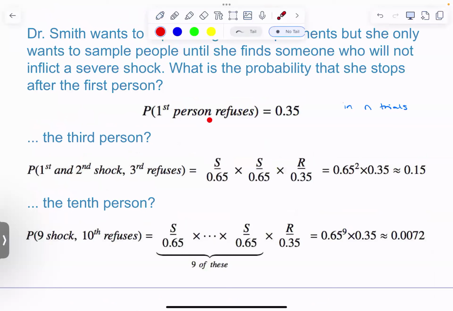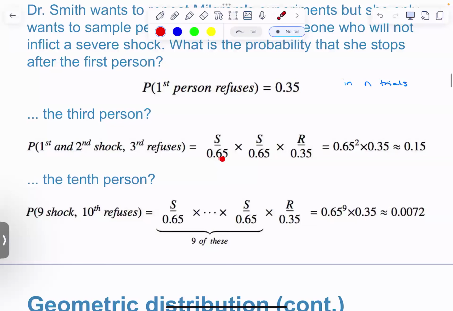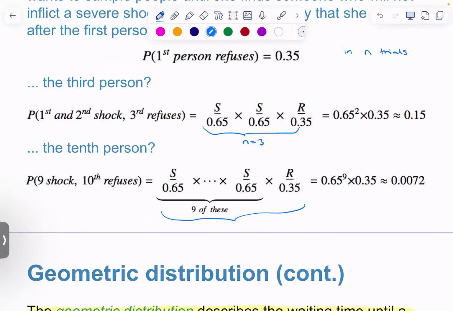First person refuses, I only do 1 trial. What's the probability that they refuse? Here, n is 3 trials. Here, n is 10 trials.